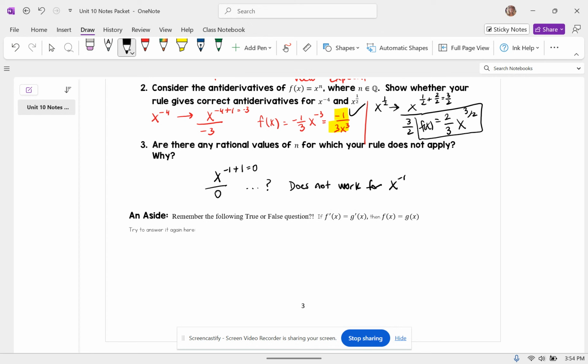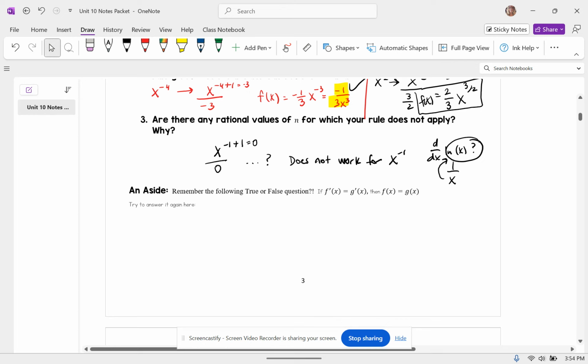And that happens because what is the derivative of the ln of x? It's 1 over x. So if I'm trying to work backwards from 1 over x, it is not going to yield a polynomial. It's going to become the ln of x, okay? But we'll get to that later on.